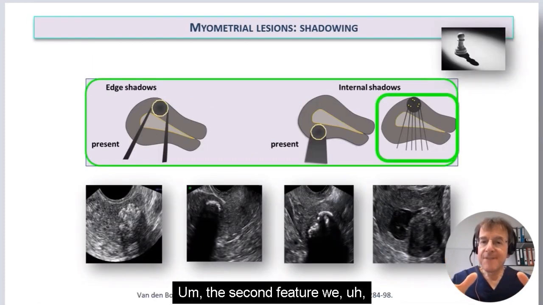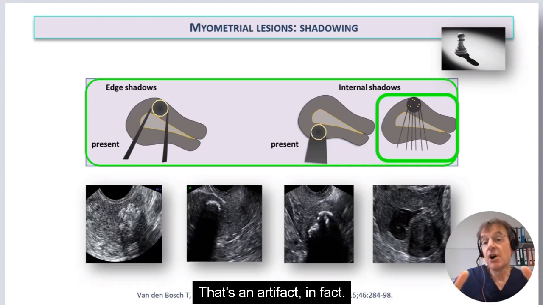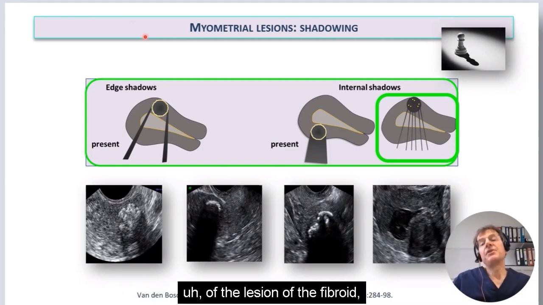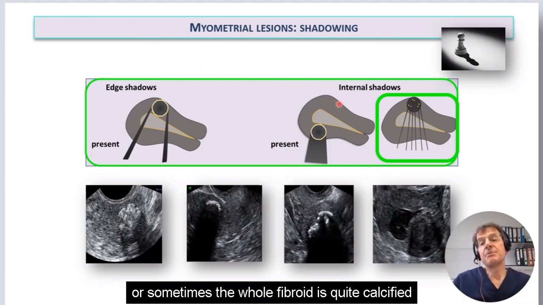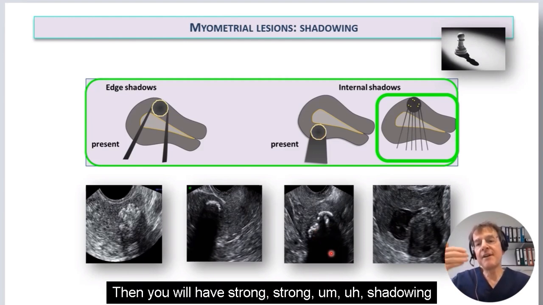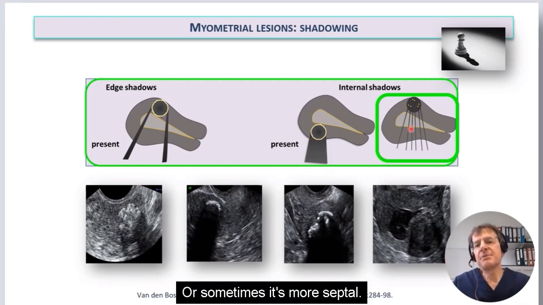The second feature we see is the shadowing. That's an artifact, in fact, and you may have edge shadowing from the edges of the fibroid, or sometimes the whole fibroid is quite calcified and you cannot see through the lesion. Then you will have strong shadowing behind the lesion, or sometimes it's more septal.